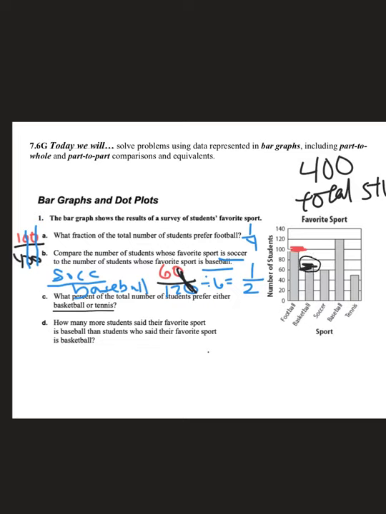Remember here, that was about 70 students who like basketball, plus the number of students who like tennis, which is 50, over the total number of students, because it asks what percent of the total number. So we're making a part-to-whole comparison. So 70 plus 50 is 120 over 400, right?